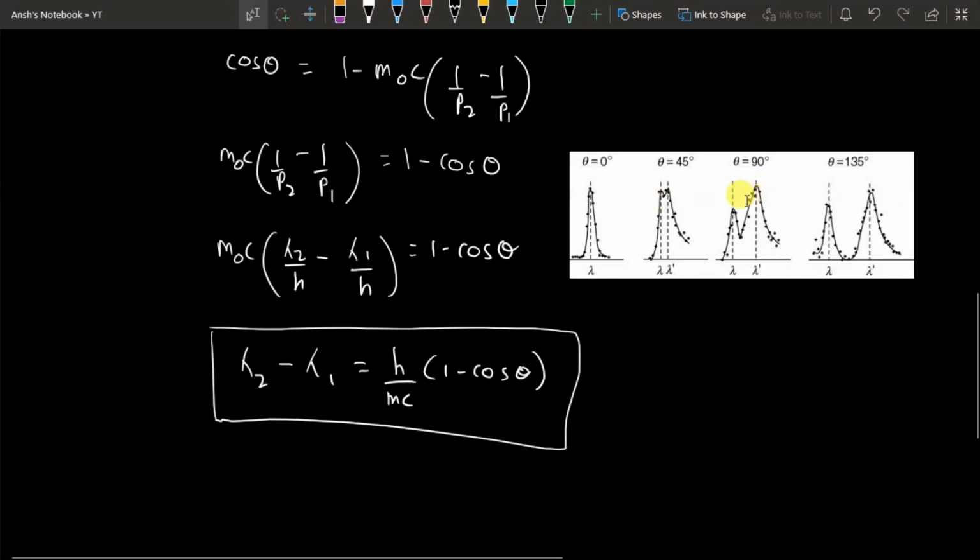And as theta increases, this term will increase and the wavelength shift will also increase. So the two peaks of the incoming and the outgoing photon get wider and wider, since the wavelength shift between them becomes much larger.